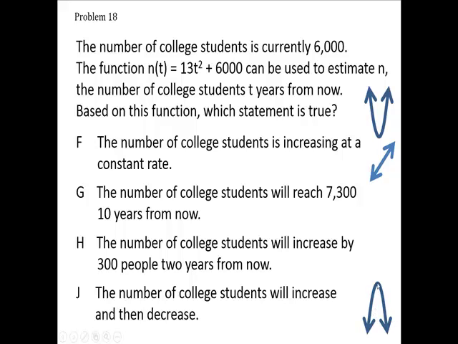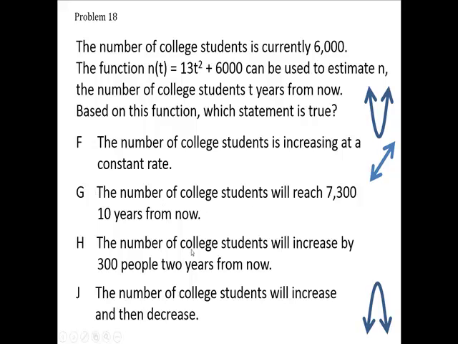To have it look like this, I'd have to have a negative 13t squared, where y is negative x squared, where y always goes downward. So this describes something that goes up, increases, and then turns around and heads back down. That's not the shape of our function. We eliminate F because it's linear. We eliminate J because the parabola is going the wrong way. So we got to test G out now.